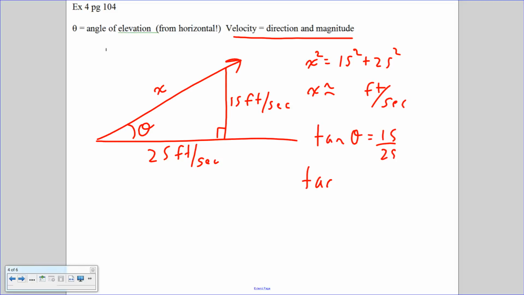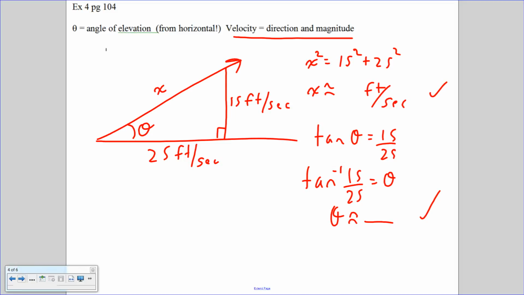And then you're going to automatically write down this on the second step. All right, so there's going to be two answers. Your first one is the length, and the angle of elevation, or the angle off of the horizontal, is going to be your second answer for the full velocity.